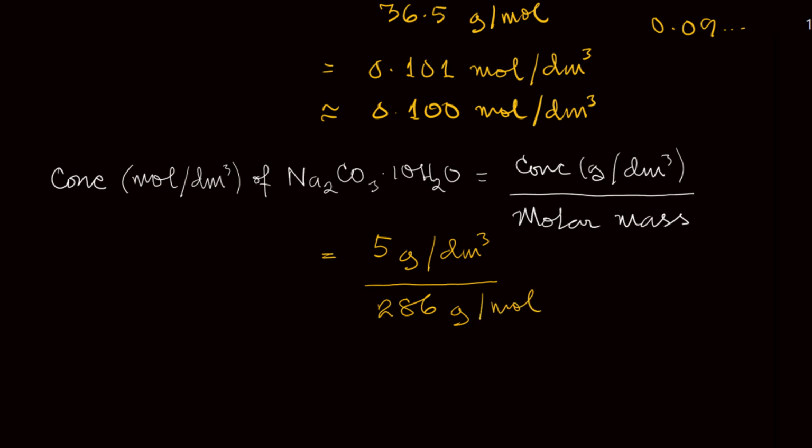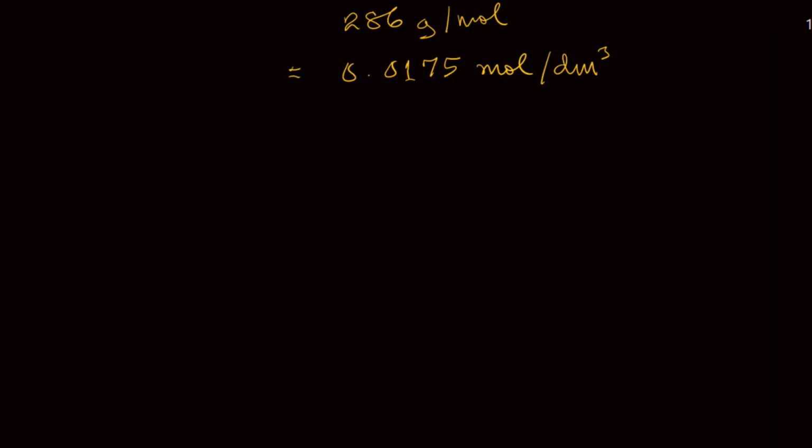If we evaluate this, we'll get about 0.0175 mole per dm cube. Good. So now we have the concentration of our acid as 0.100 mole per dm cube and the concentration of our base as 0.0175 mole per dm cube.